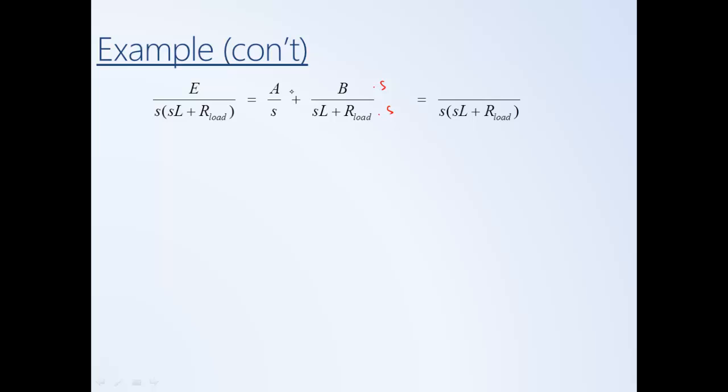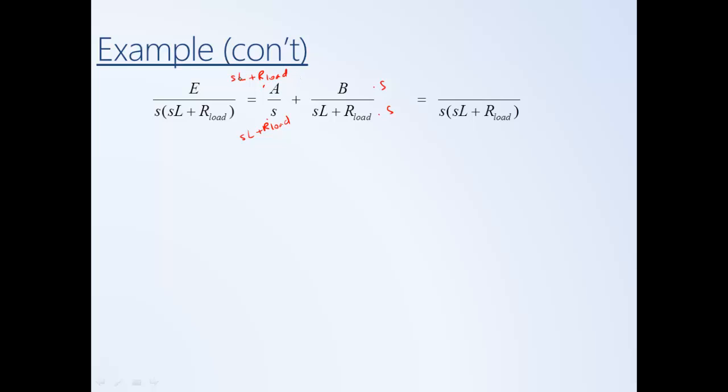In order to make this term have the correct denominator, we need to multiply and divide by the quantity sL plus R load. If we do that, then both terms have the same denominator and we can combine them.